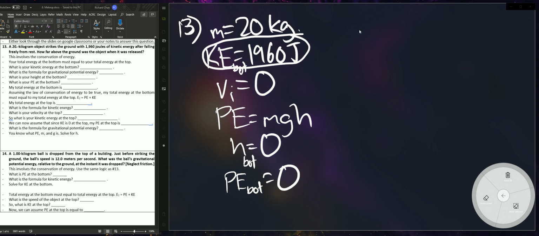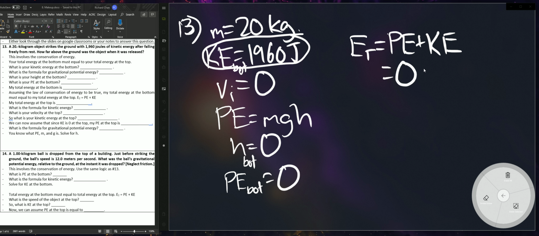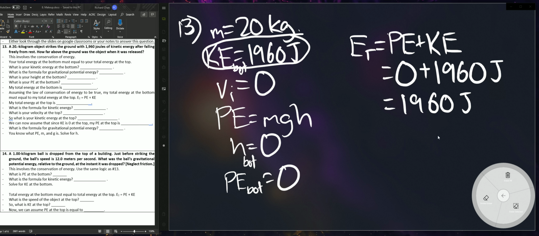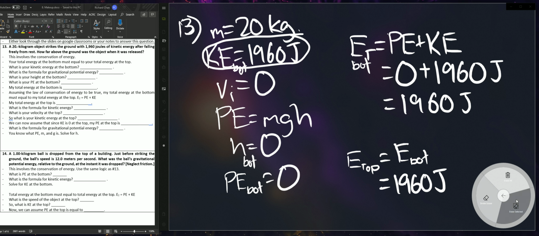So my total energy at the bottom, PE plus KE: at the bottom my potential energy is 0 and my kinetic energy is 1960, so my total energy at the bottom is 1960 joules. Well, we know by the law of conservation of energy that your energy at the top must equal your energy at the bottom, and so your energy at the top is also 1960 joules.